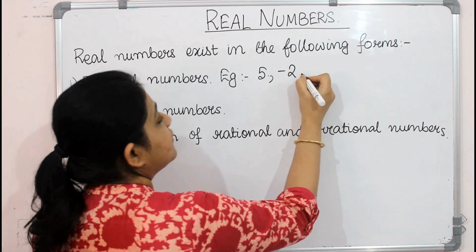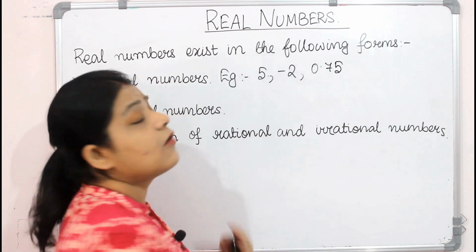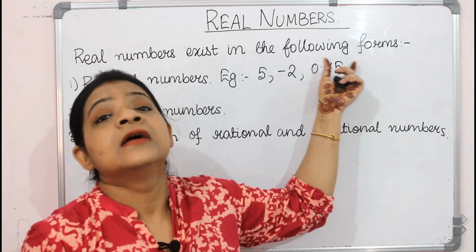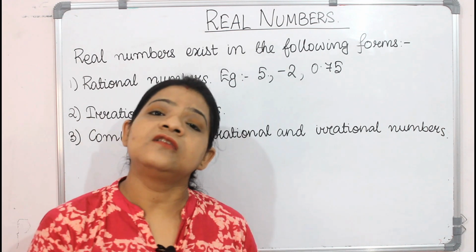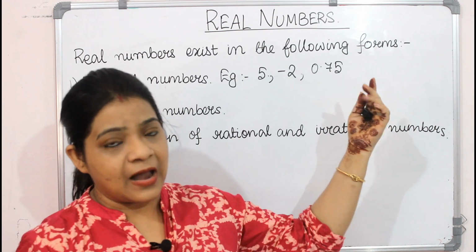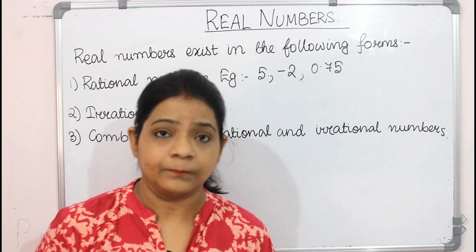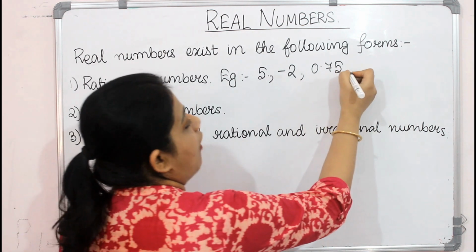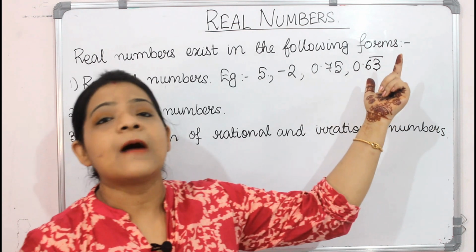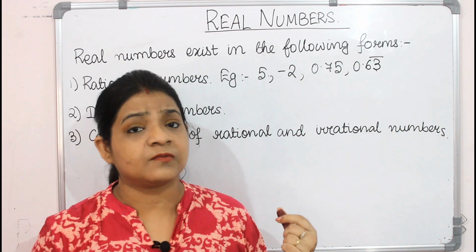Next, if I talk about 0.75, 0.75 is a decimal expansion which is of terminating type. This is also a real number and a rational number, and it belongs to the real number family. Then if I talk about 0.63 bar, this is an example of a non-terminating and repeating decimal expansion.